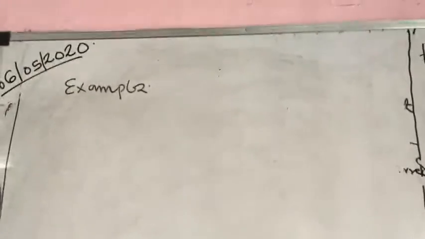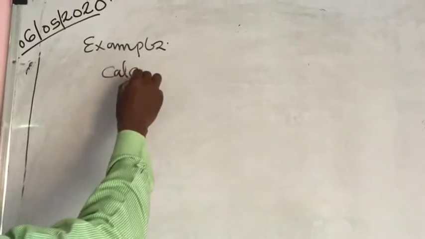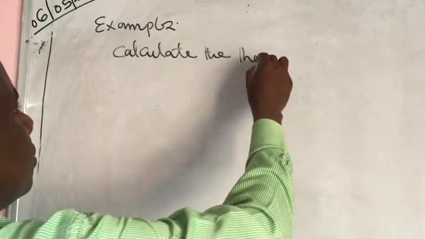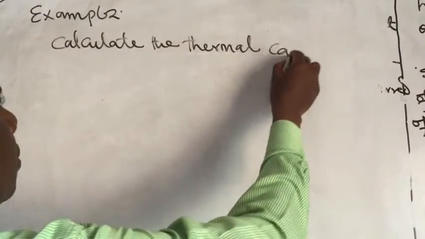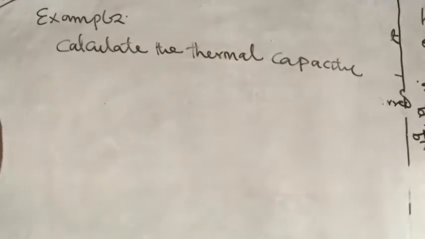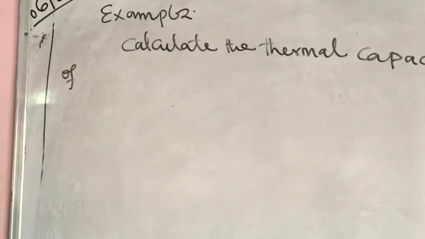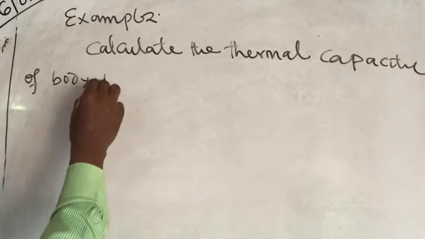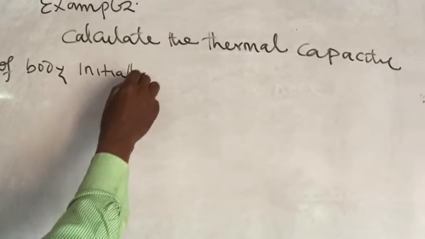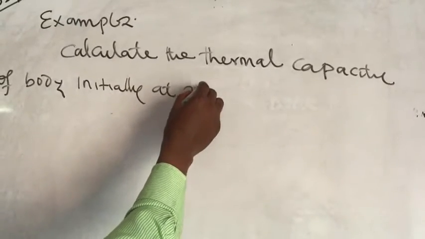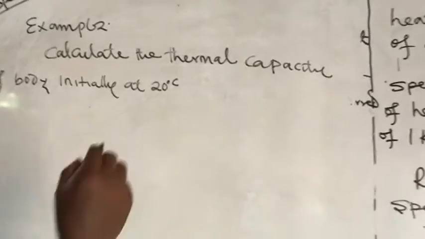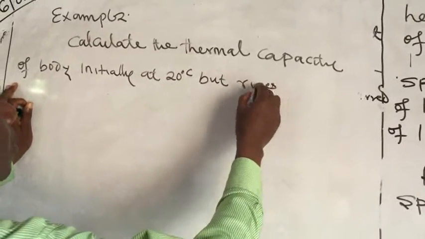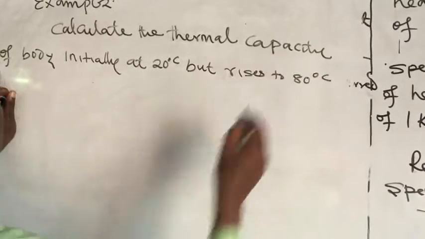Calculate the thermal capacity of a body initially at 20 degrees Celsius, but rises to 80 degrees Celsius after heating.